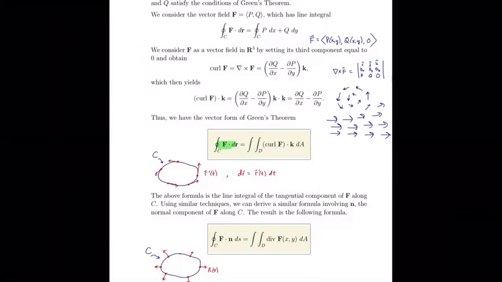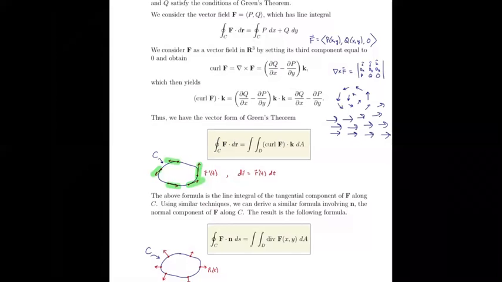If we look at this, what Green's theorem is telling us, and it's explaining something to us about the curl, we're looking at the line integral along this curve. So we're rotating in the positive orientation of C about the region D, and it's telling us that that's equal to the double integral of the curl of f dotted with k along this region. So what we see here is that we're connecting the curl to rotation about a region, or rotation along a curve.